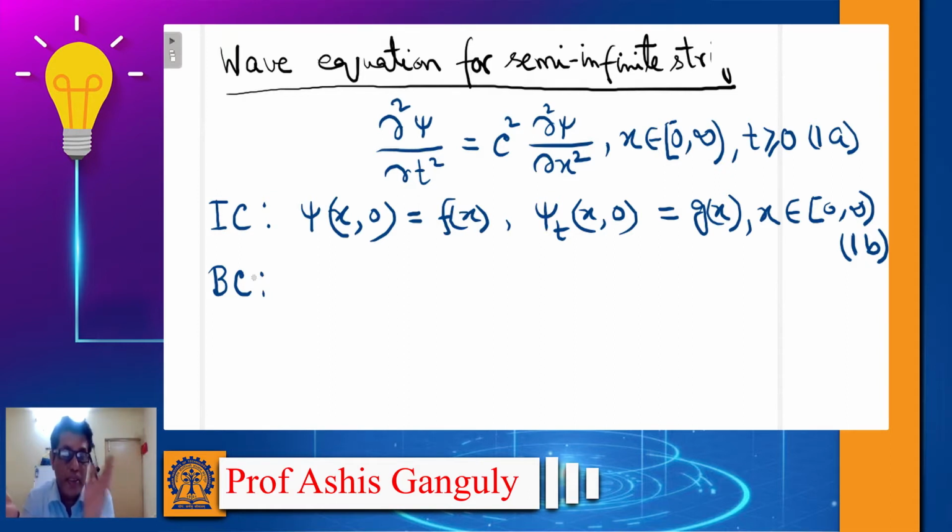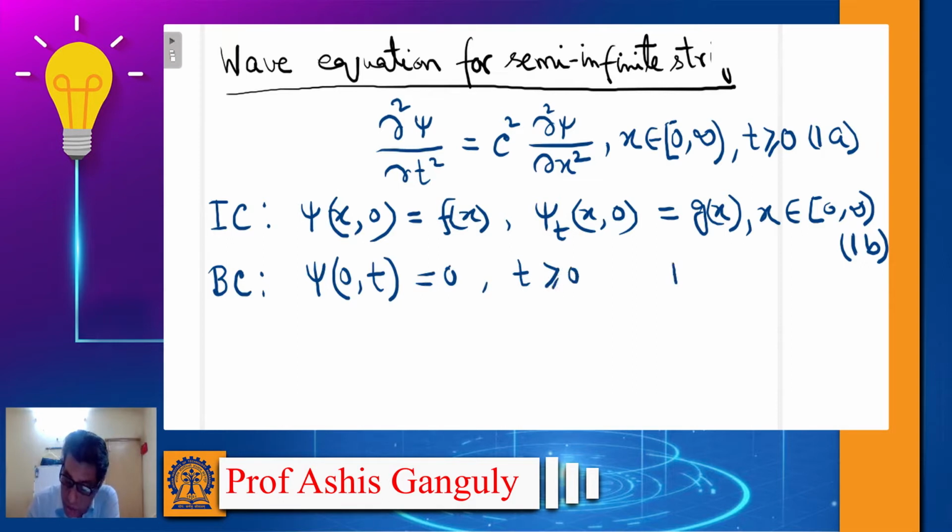So it propagates in one direction only, the direction where the string is free. So at x equal to 0, we need a boundary condition. Let us take the boundary condition psi(0,t) equals 0, t greater or equal to 0.